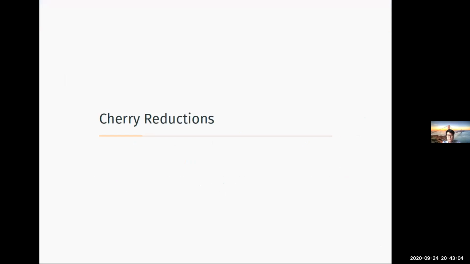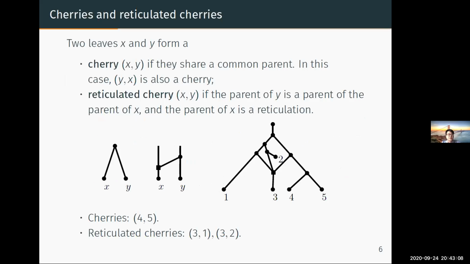So next up, I'll be talking about some cherry reductions. So these are graph operations that you can do. We're basically focusing on two particular subgraphs that are formed by two leaves of the network. So we say two leaves form a cherry if they share a common parent.